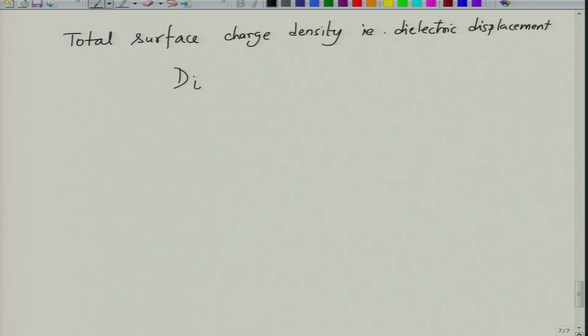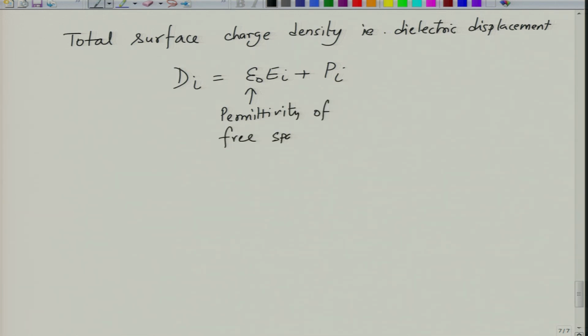We can write this as Di equal to epsilon naught Ei plus Pi. Here epsilon naught is the permittivity of free space, which is 8.85 into 10 to the minus 12 farad per meter, Ei is the field, and Pi is the polarization that is generated.